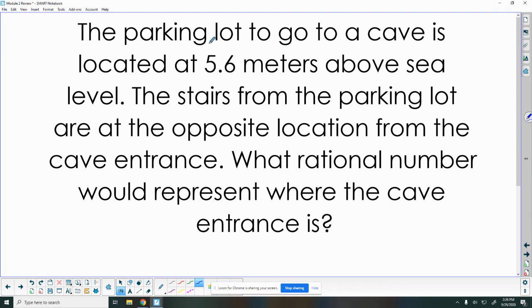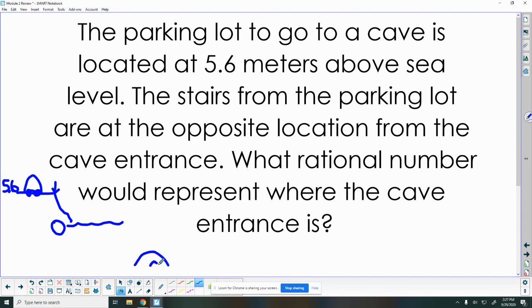Okay, number 12. We have a parking lot to go to a cave that is located at 5.6 meters above sea level. So we've got the parking lot up here, sea level's here. Here's 0. Parking lot is 5.6. Here's my nice little car in the parking lot, 5.6. The stairs from the parking lot are at the opposite location, the opposite location from the cave entrance.